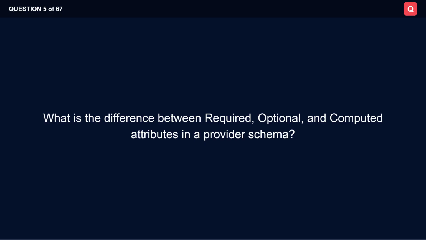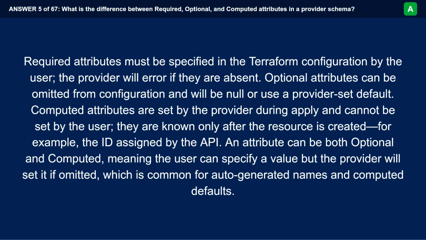What is the difference between required, optional, and computed attributes in a provider schema? Required attributes must be specified in the Terraform configuration by the user. The provider will error if they are absent. Optional attributes can be omitted from configuration and will be null or use a provider-set default.